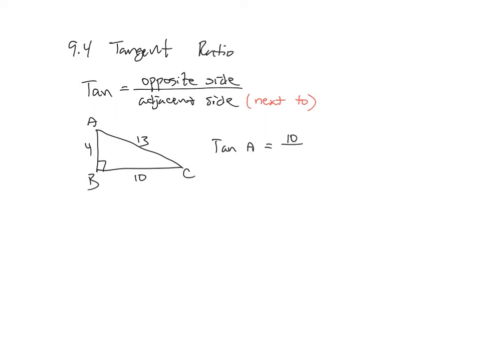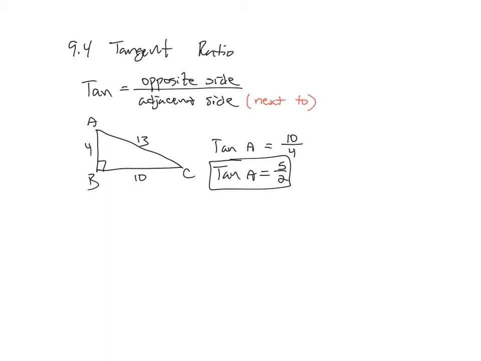What side is adjacent to A? 4. You could reduce that by dividing by 2, so the tangent of angle A is 5/2.